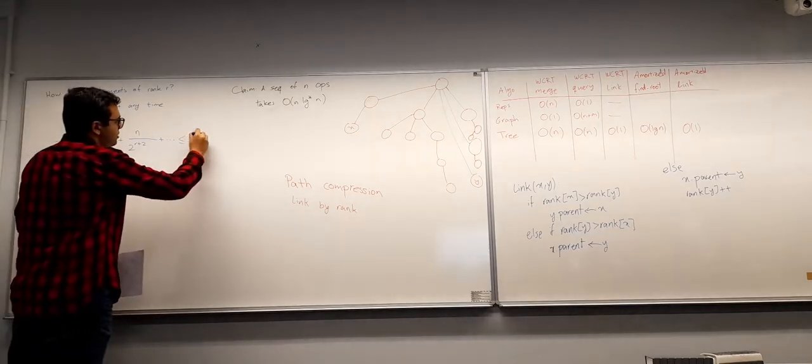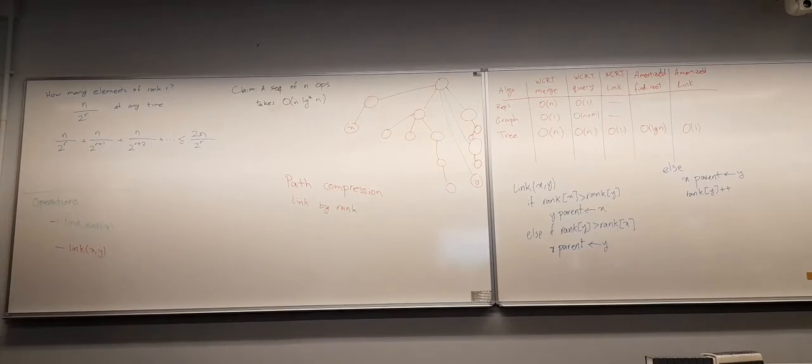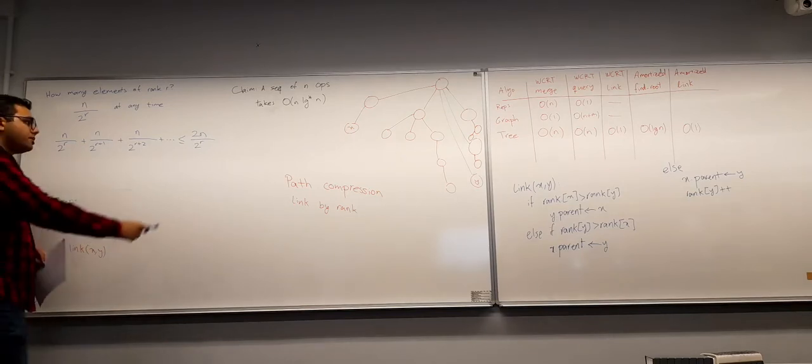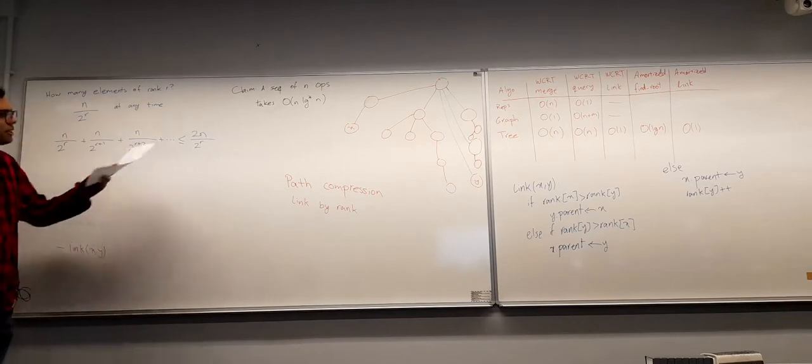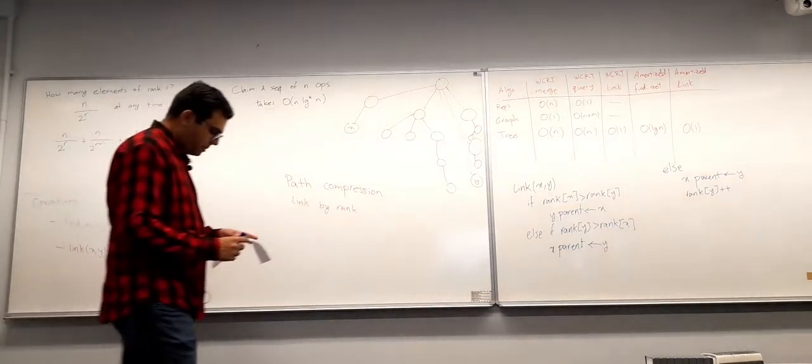So it's 2n divided by 2 to the power of R. Okay, so if I count all the elements that at some point had rank R, their total number is going to be at most this much, or n divided by 2 to the power of R minus 1. Okay, so just keep this lemma in mind.